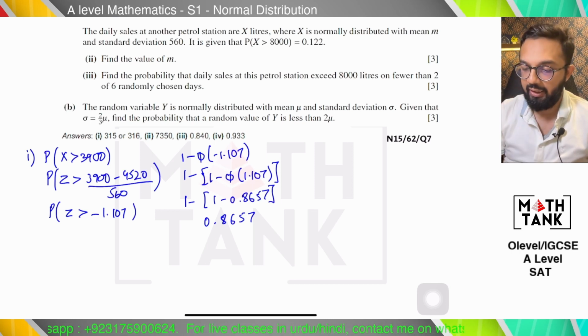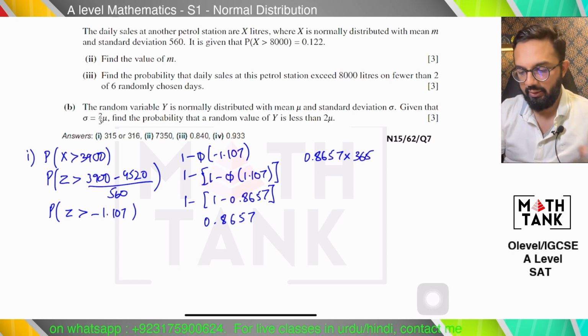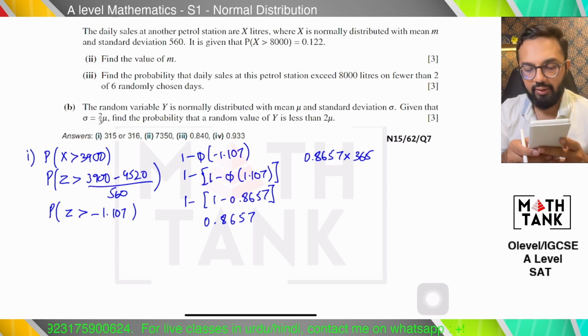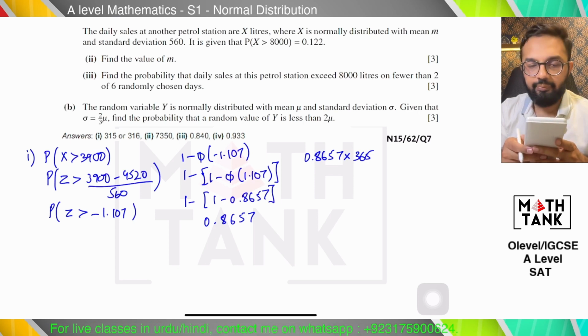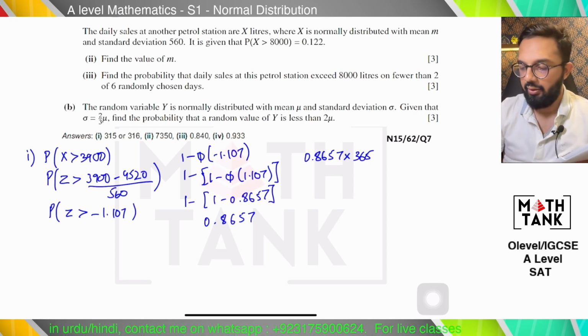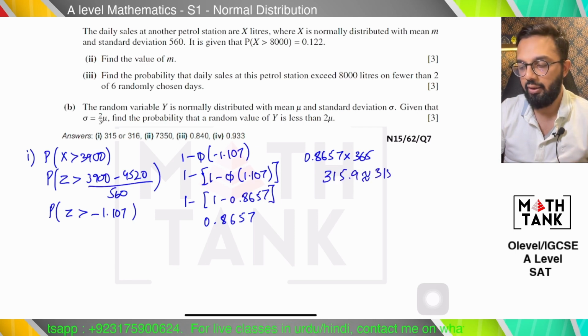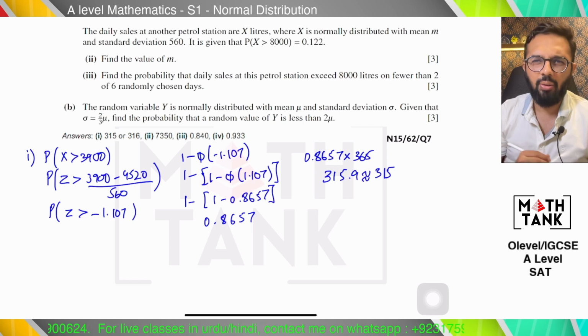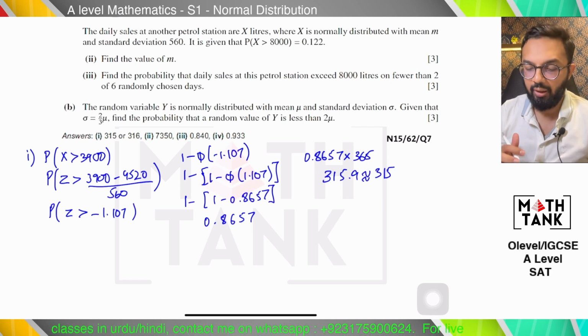That's the probability. How many days? So 0.8657 multiplied by 365. What do I get? Do I get 315 or 316? I get 315.9, so I can give an answer 315. Okay, I wouldn't count the 0.9 day. That's rounding up, so I wouldn't want to do that.